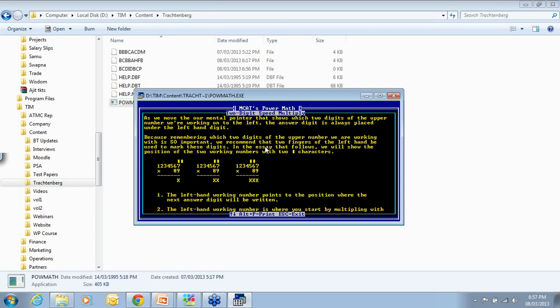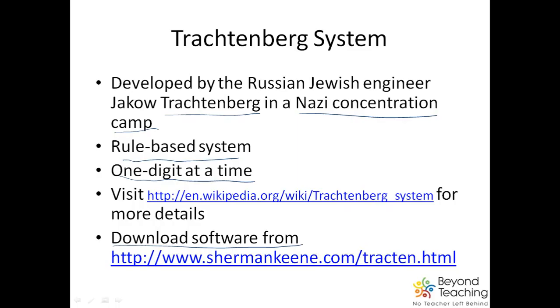So I'll probably switch over to the presentation right away. But you can do a lot of calculations using this method. We'll try to do a couple of things here using Trachtenberg methods. So let me just move back to the presentation so that we don't waste too much time waiting for this to come up.